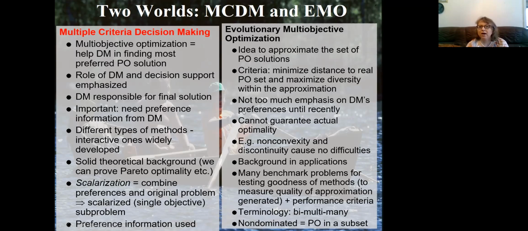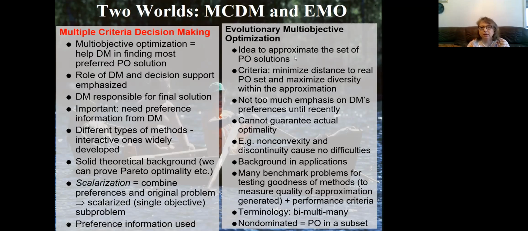So they can be applied to demanding and difficult problems for which the mathematical optimization methods are not well suited, and there are some differences in the terminology. I won't go into those kinds of details here, but anyway, these are two types of approaches that basically try to address the challenges of multiple conflicting objectives.